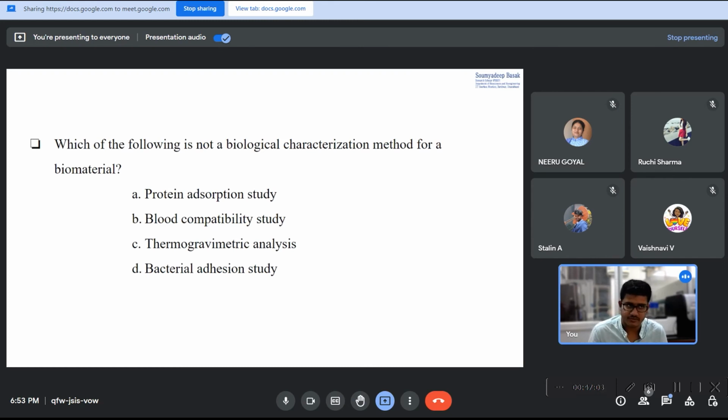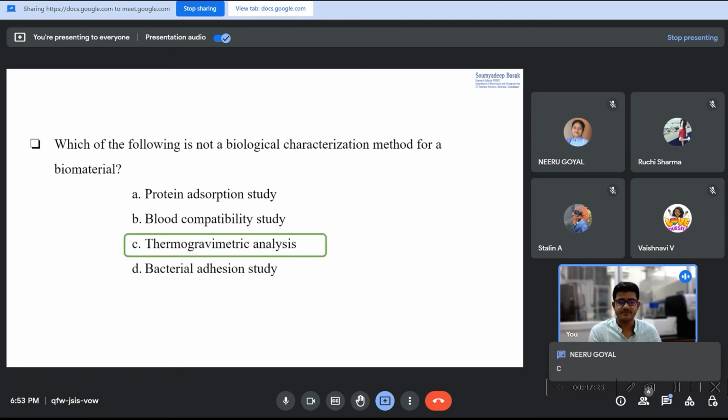Example of a question: which of the following is not a biological characterization method for a biomaterial? Protein absorption study, blood compatibility study, thermogravimetric analysis, or bacterial adhesion study. Right. TGA, what does it give?